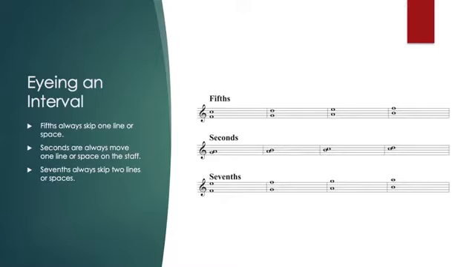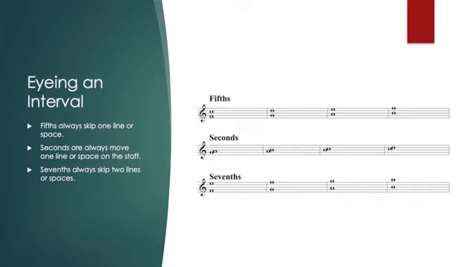So then in the final one, you've got your sevenths. Notice how they're always the same distance apart. And that's one of the things that if you get better at this, you'll start to be able to just recognize these intervals by looking at them without actually having to count the letter names. When they're written on the staff, you'll notice that a fifth always skips either a space or a line in between the bottom and the top note.